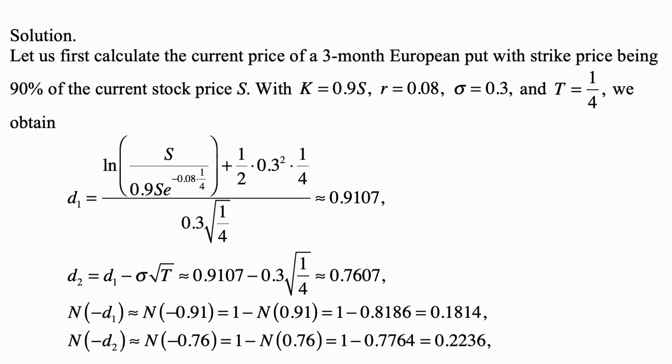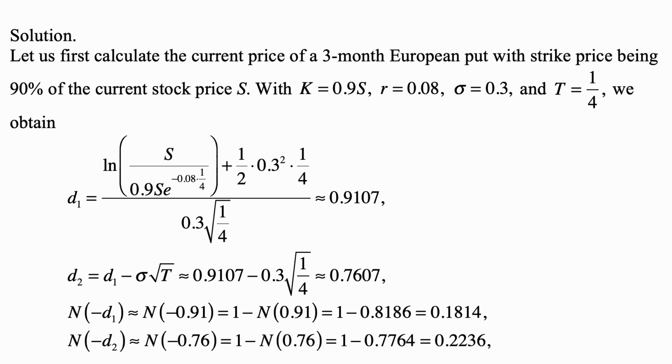And here's the solution. Let us first calculate the current price of a 3-month European put option, with strike price being 90% of the current stock price S, with K equal to 0.9 S, r equal to 0.08, the risk-free rate, sigma, the volatility of the underlying, 0.3, and T equal to 1/4.